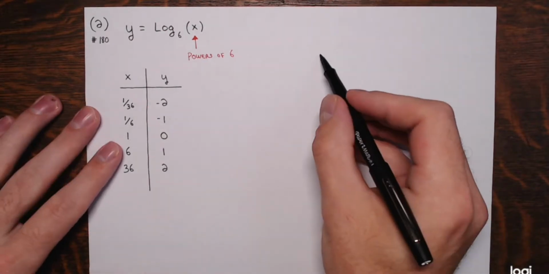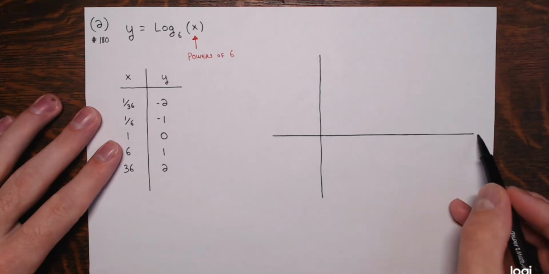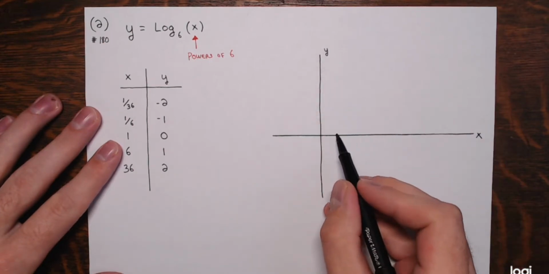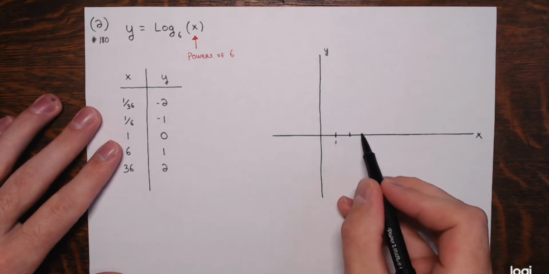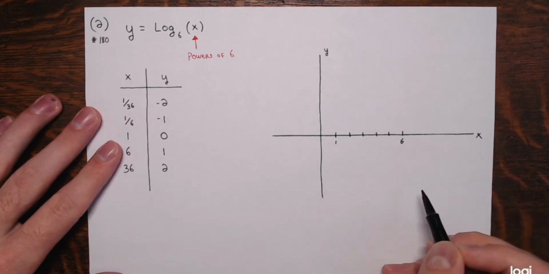And I'll make a rough sketch of the graph by hand. Here's the xy plane. So I'm plugging in 1, 6, and you can go out to 36 if you wish.